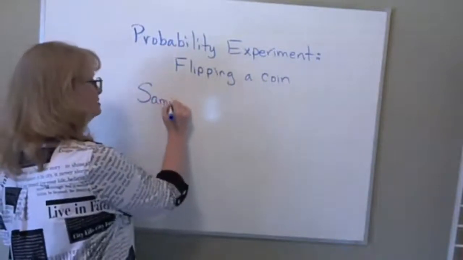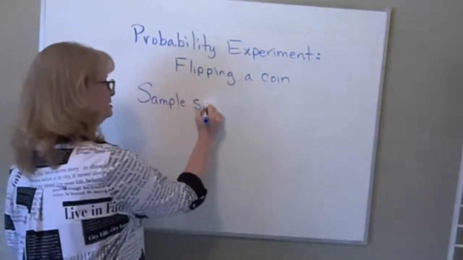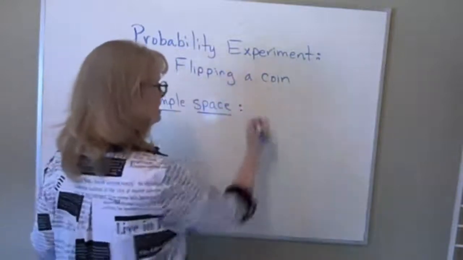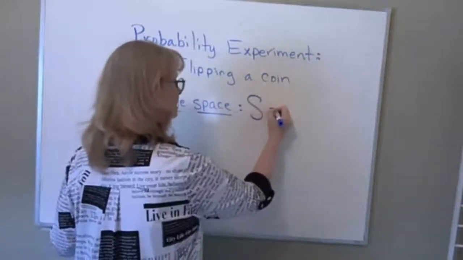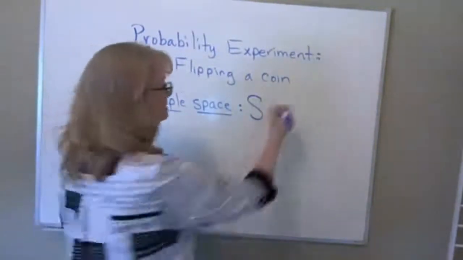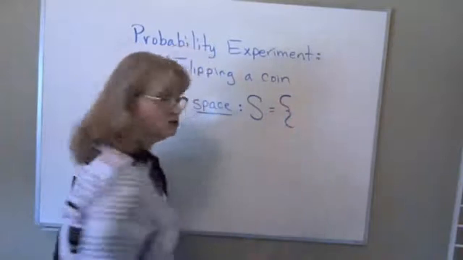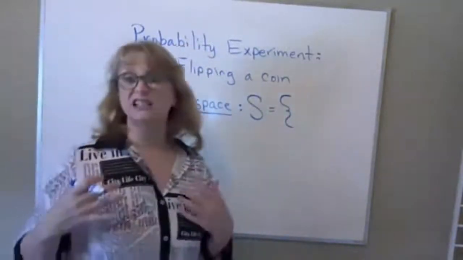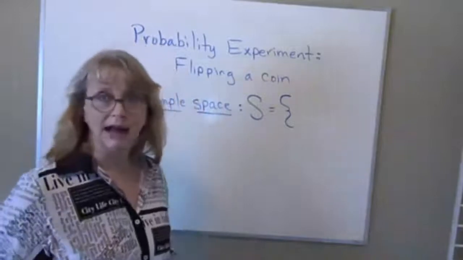And so, sample space. Remember I told you this is a definition you need to know. They'll often call the sample space capital S. It's a set, so we're going to use set notation, which means braces. And the sample space is just a list of all possible outcomes.